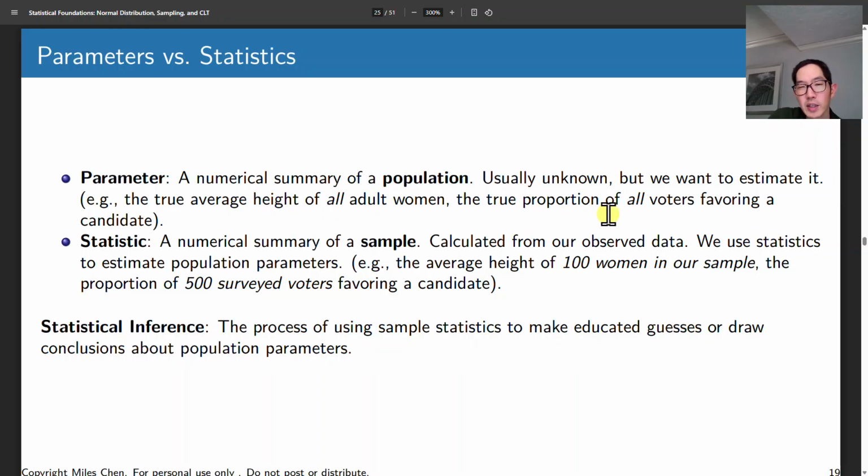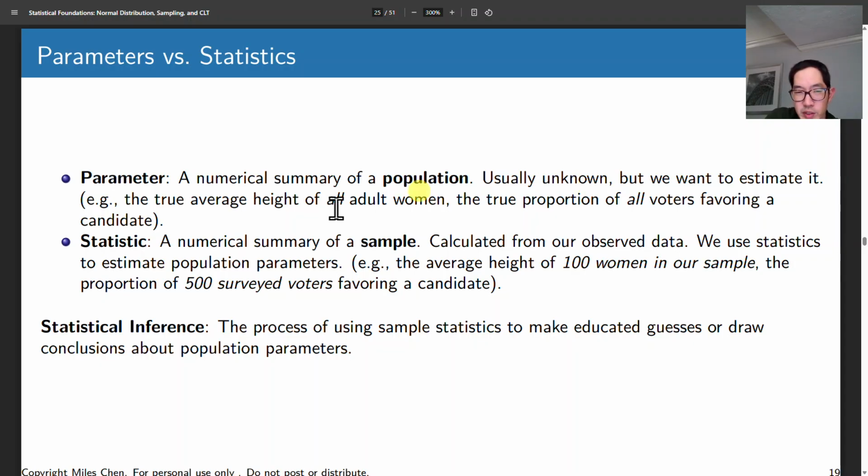If our population is all voters, then perhaps the parameter we're interested in is the proportion of all voters that support a particular candidate. The parameters are generally unknown to us because they relate to the population, and the population is too big for us to observe directly. So it's unknown, but we want to try to estimate it.